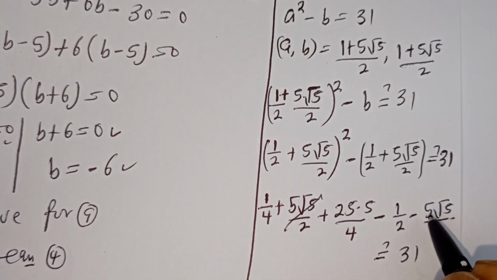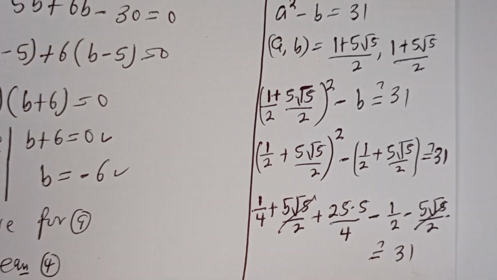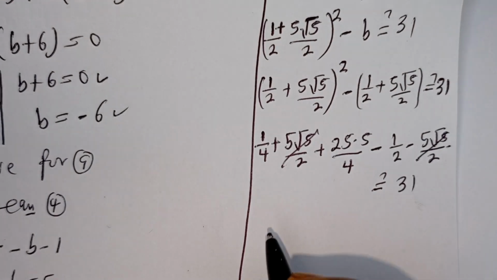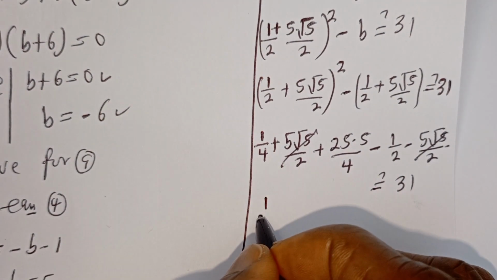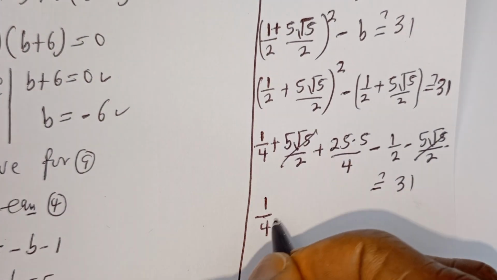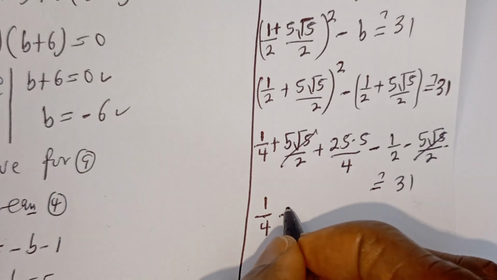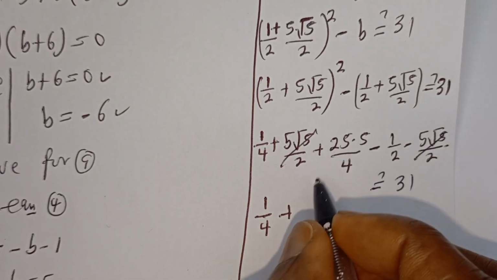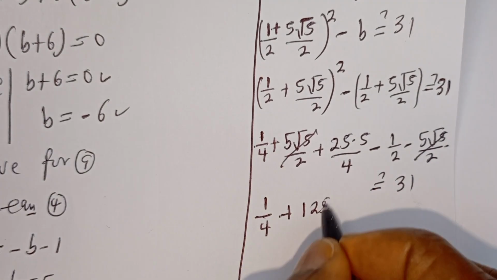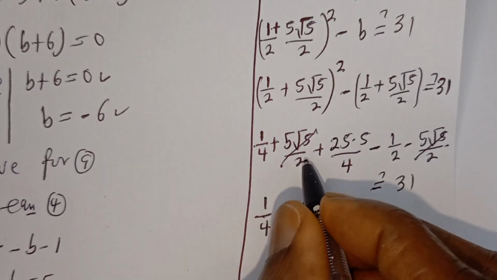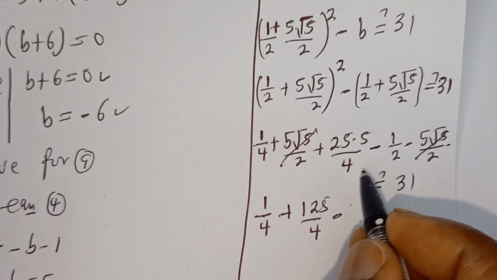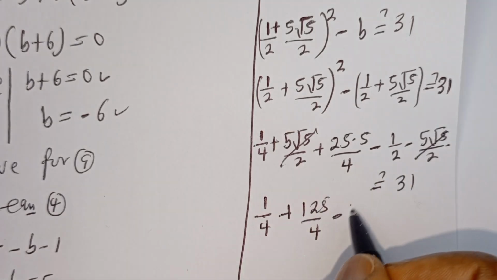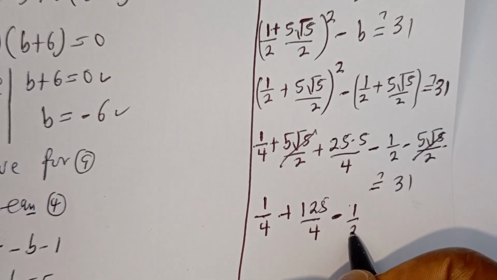Then we cancel this. We have 1 over 4 plus 25 times 5, that is 125 over 4. Then 1 over 2 minus 1 over 2.